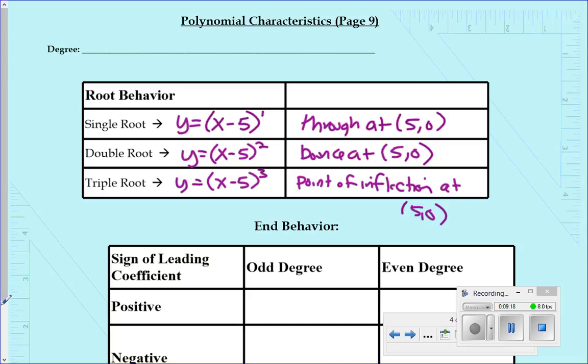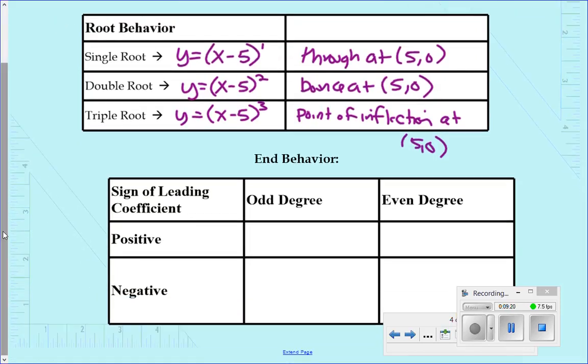Okay, so that takes care of the root behavior. Now let's talk about the end behavior. So this really is just summarizing what we've already said. We said that odd means opposite, so either up, down, or down, up. Now remember from our previous unit that on the right-hand side, if it's pointing down, that means the graph has a negative orientation.